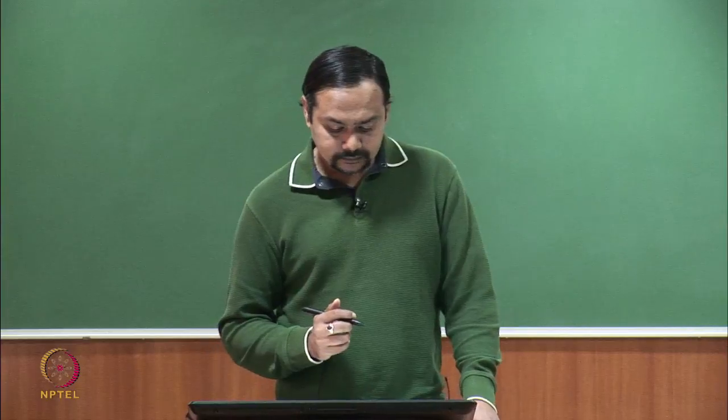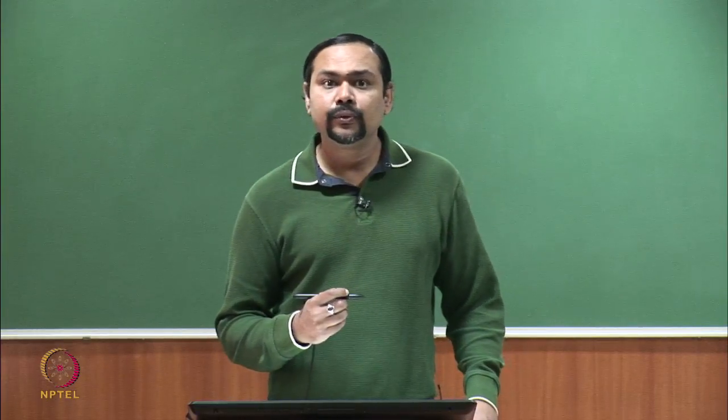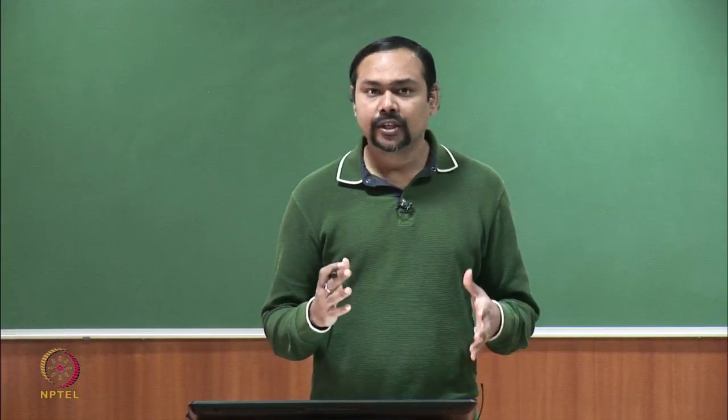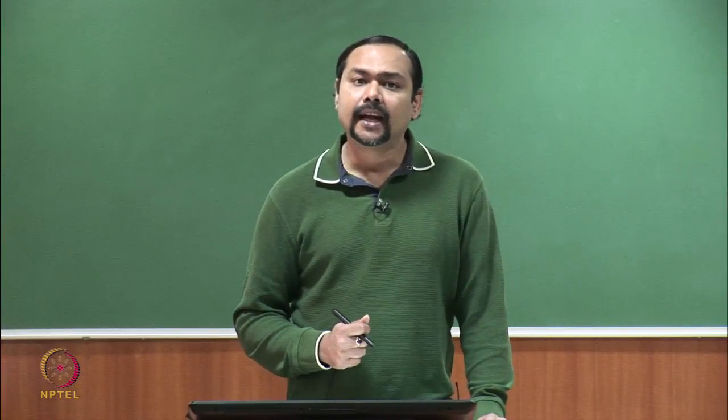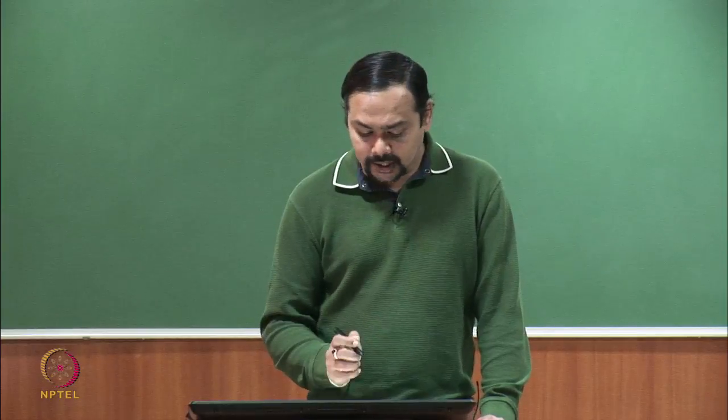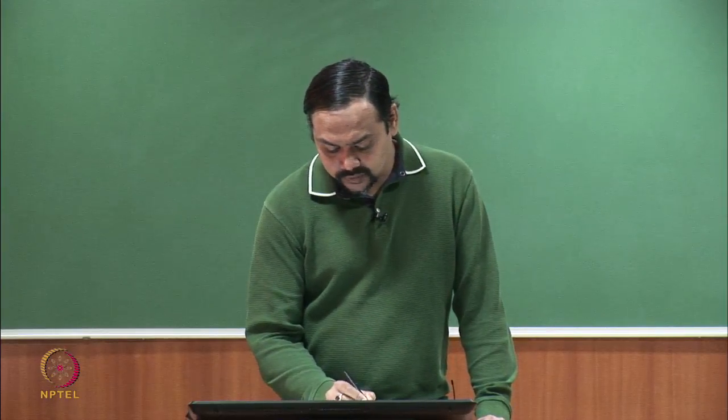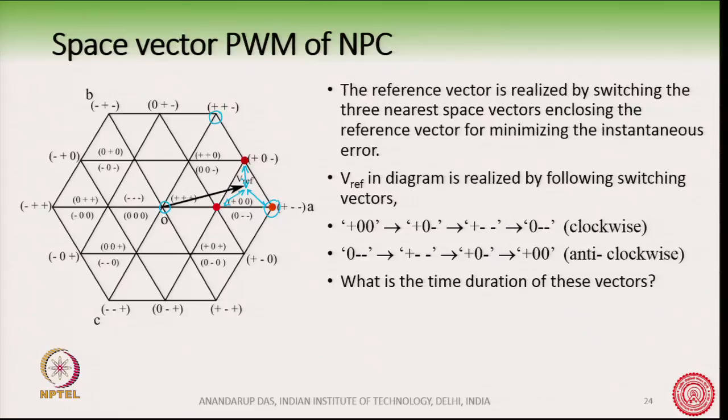If I did not have a 3 level space vector diagram, if I had a 2 level space vector diagram and I wanted to realize this Vref, I had no choice other than this one and this one, which would have caused instantaneous errors of magnitude this much and this much.